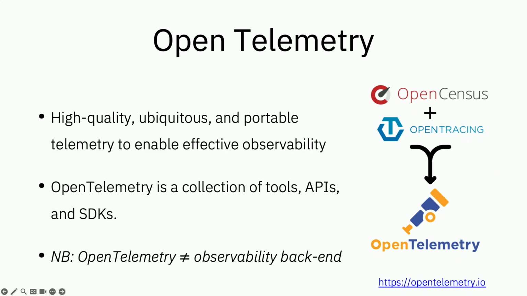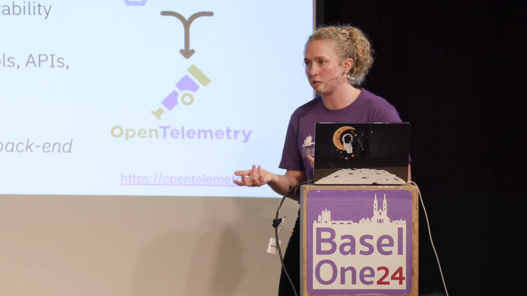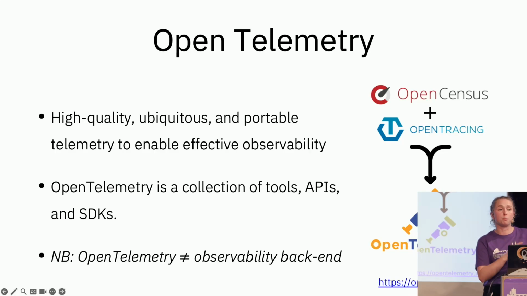Originally, it was created from 2 other open source projects. So you may have come across things like Open Census or Open Tracing before. Open Tracing provided a vendor-neutral API for sending telemetry data over to observability backends. But the difficulty with Open Tracing was that it relied on developers to implement their own libraries to meet this specification. Then you had Open Census.